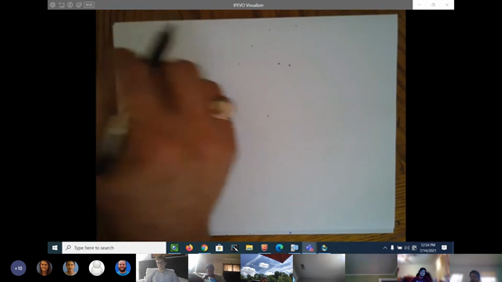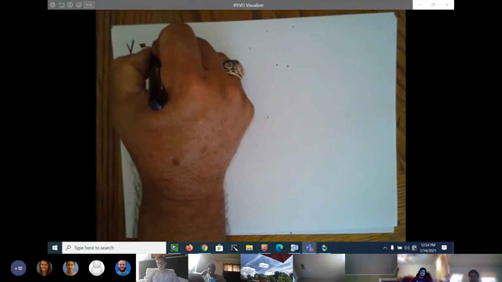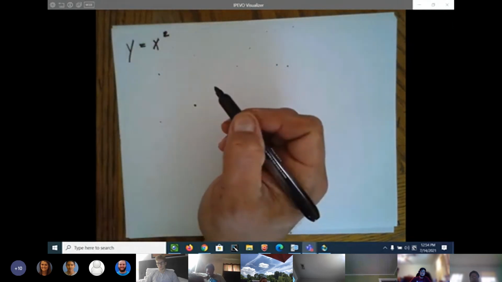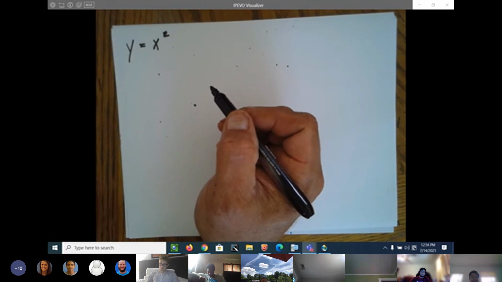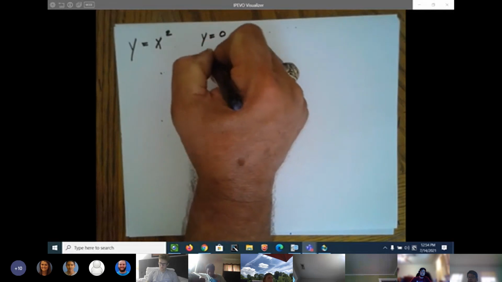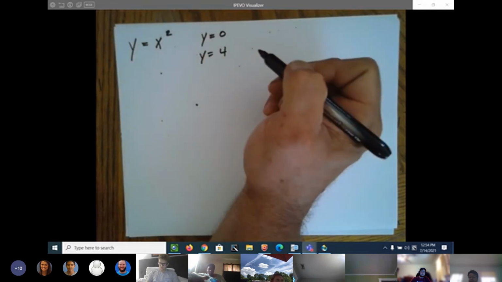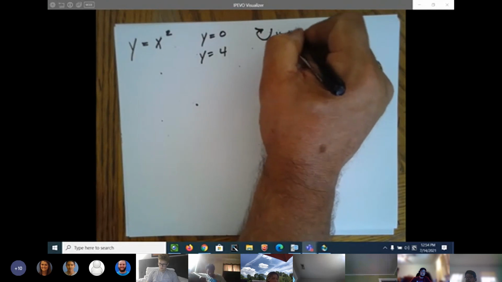Now, what if I throw this monkey wrench in it? y is equal to x squared, and y equals 0, y is equal to 4, rotating around the y-axis.